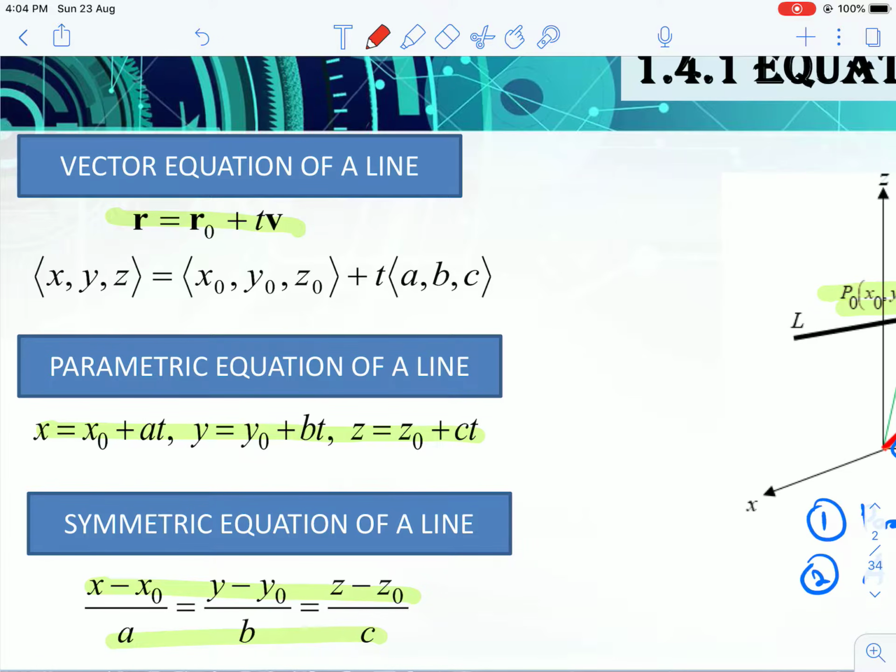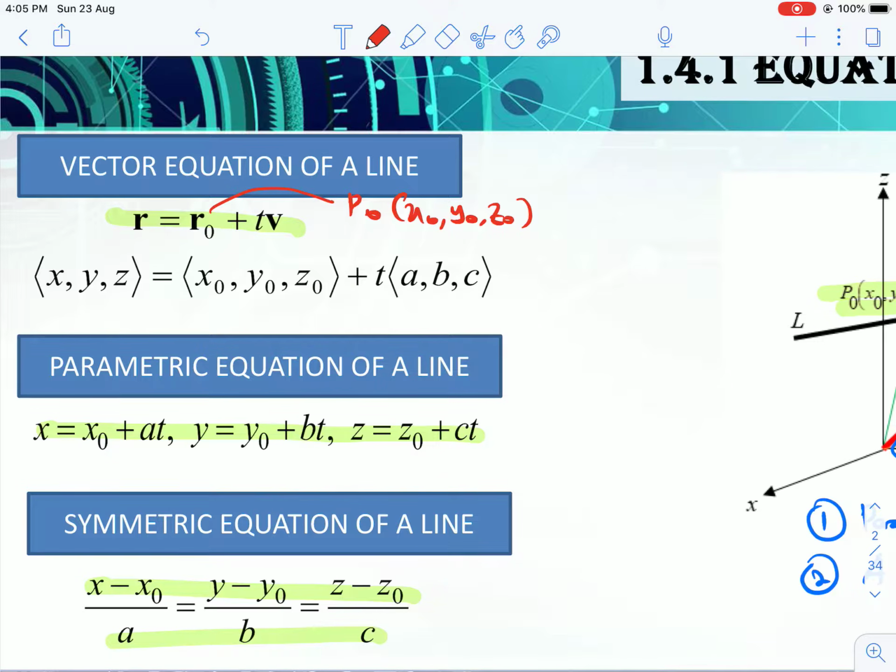As I mentioned earlier, we have the vector equation of a line. We have r equals r naught plus tv. Now r naught represents the point P naught, so the elements of P naught are x naught, y naught, and z naught.